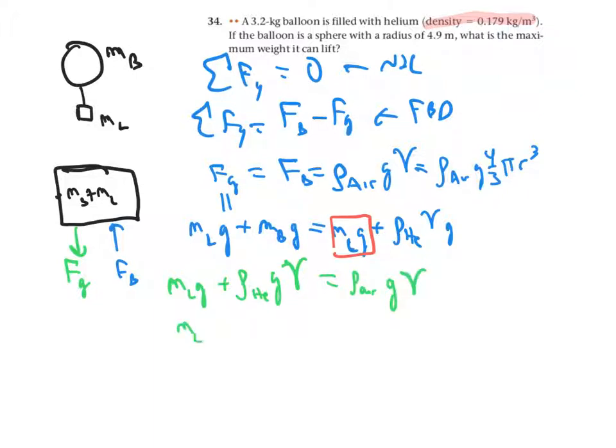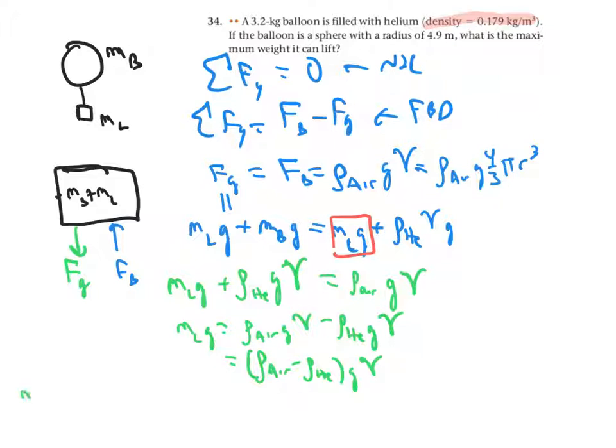So the amount of weight that we can lift is actually the density of air times g times v minus the density of helium times g times v. We can factor that a little bit and say the amount that you can lift depends on the difference in the densities times g times v. And then it's just a matter of putting in some numbers.